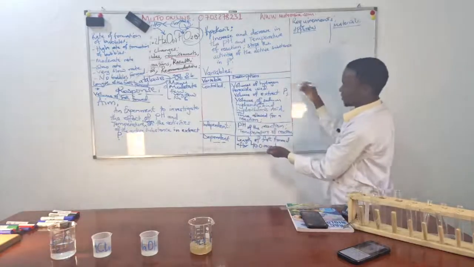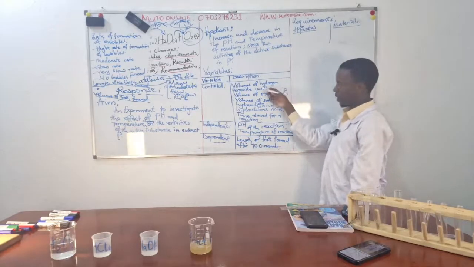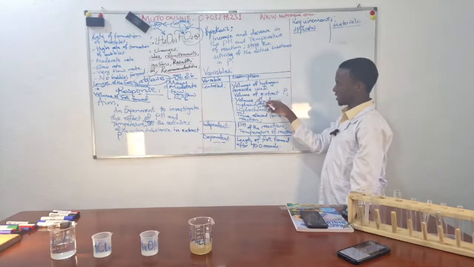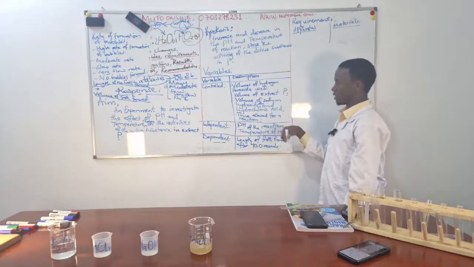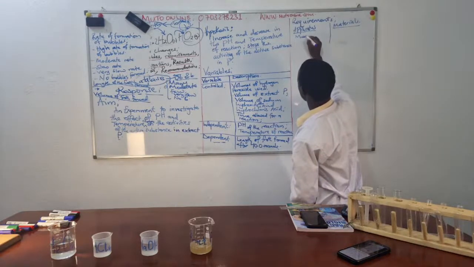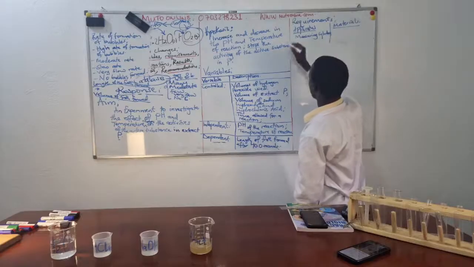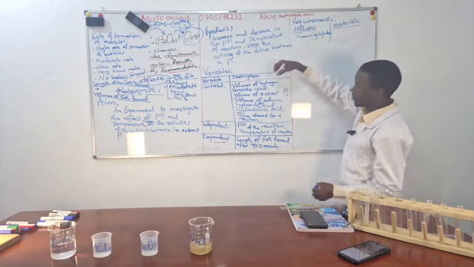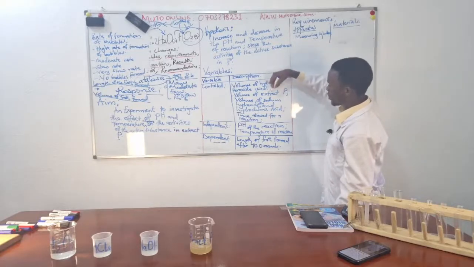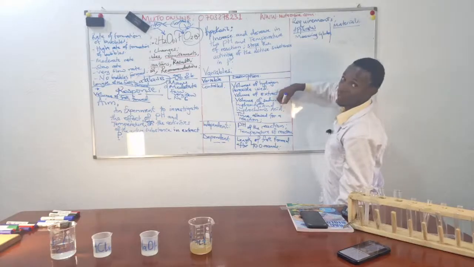According to what I have, there is measuring volume. Volume of what? Hydrogen peroxide, the extract, sodium hydroxide, and hydrochloric acid. So I will need measuring cylinders, but how many? I will need one for hydrogen peroxide, one for the extract, one for sodium hydroxide, one for HCl in the first set.